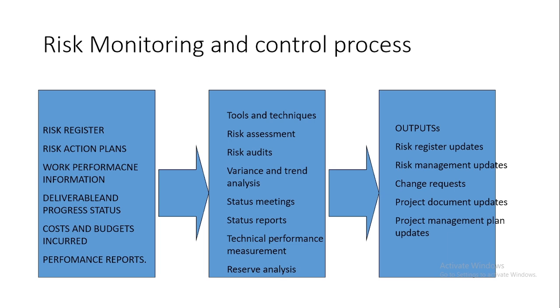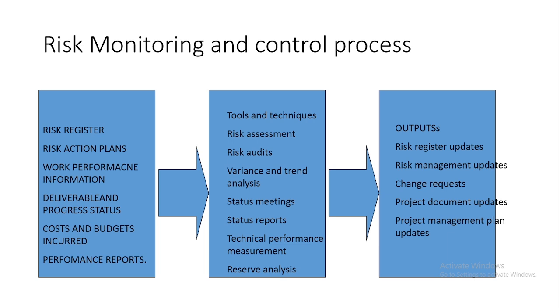Status meetings, you can review these risks and come up with strategies or solutions to address the risks mentioned. Status reports, technical performance measurement reports, the reserve analysis. All these can be tools you can use to manage effectively the risks that have been outlined in the risk registers or action plans. Then the outputs are risk register updates, risk management updates.